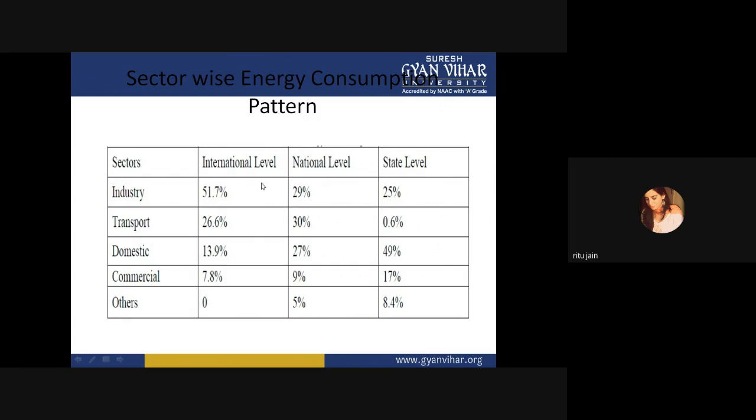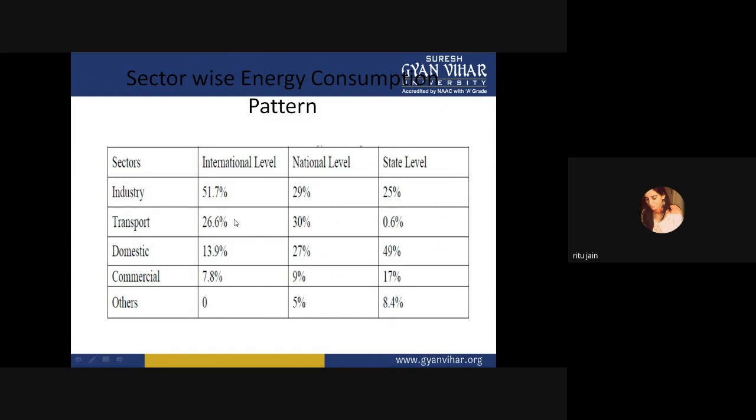So what is international level industry? The consumption of energy at international level is 51.7%, at national level it is 29%, and at state level this is 25%.